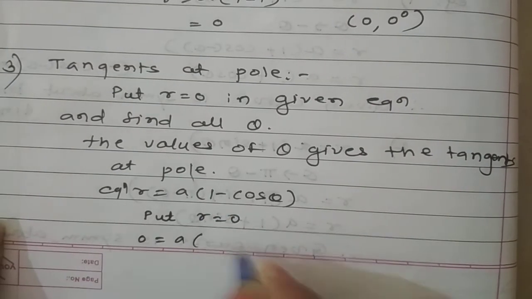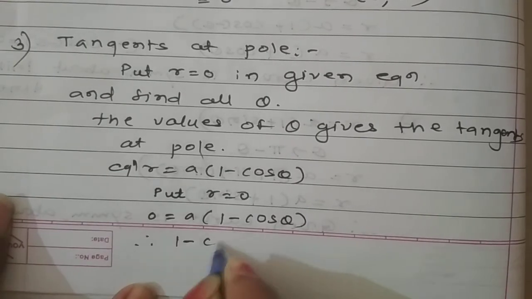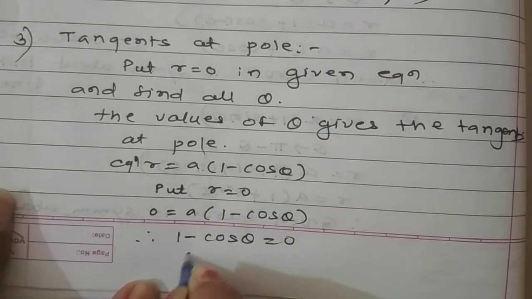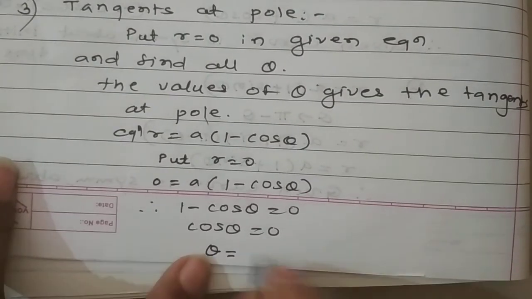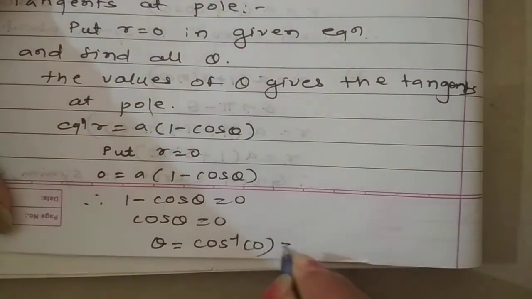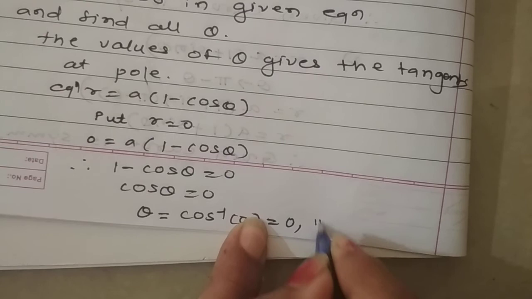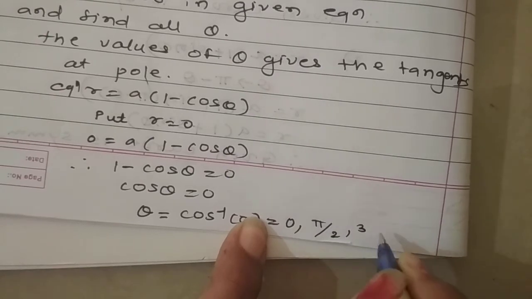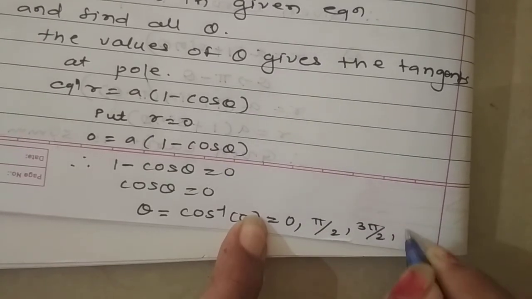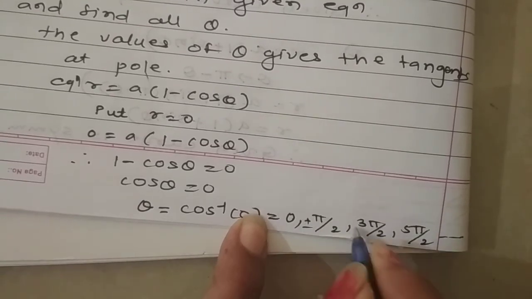Then we get 0 is equal to a into 1 minus cos theta, and therefore 1 minus cos theta equal to 0, and then cos theta equal to 0. Therefore theta equal to cos inverse of 0, which is 0, pi by 2, 3 pi by 2, 5 pi by 2, and so on, or plus minus.